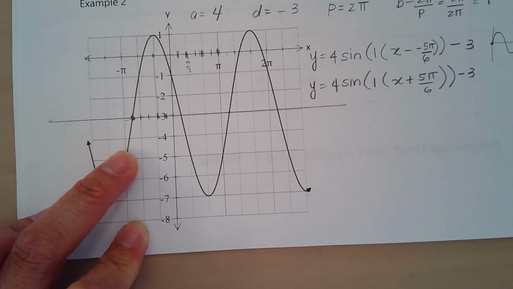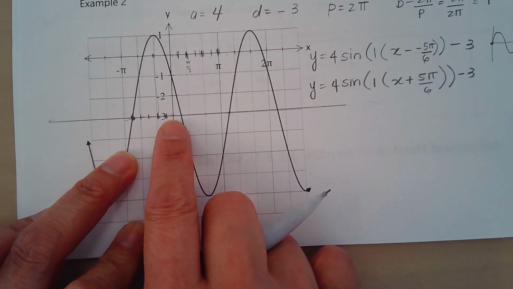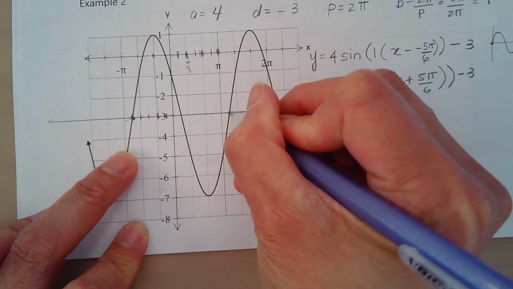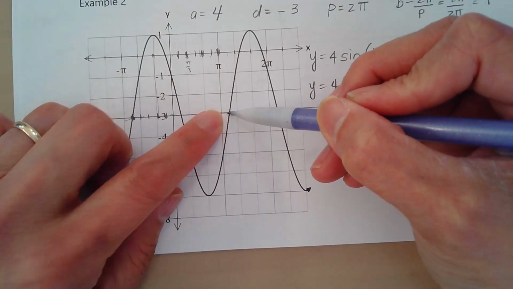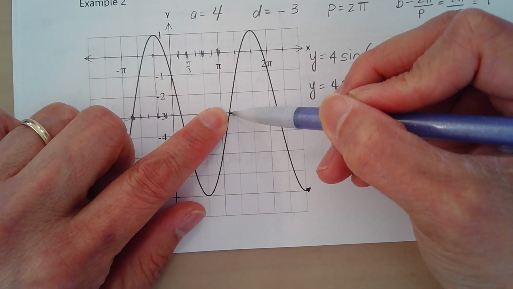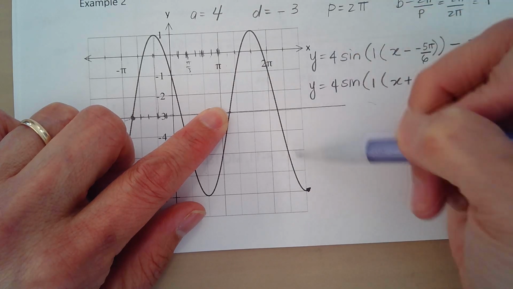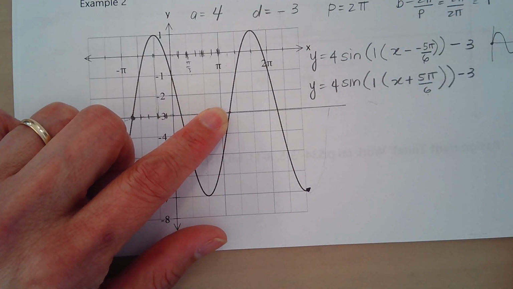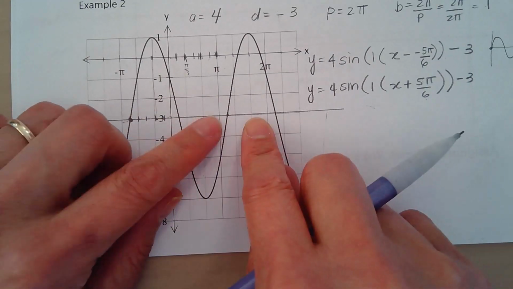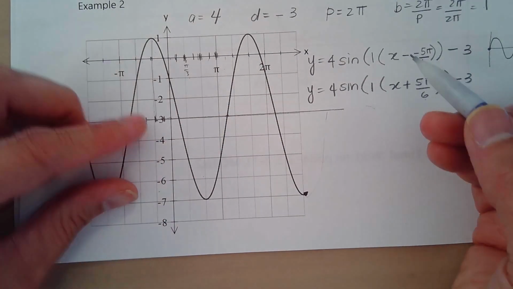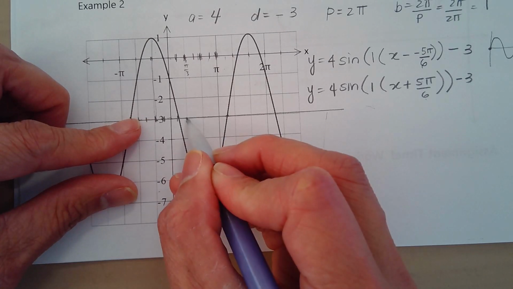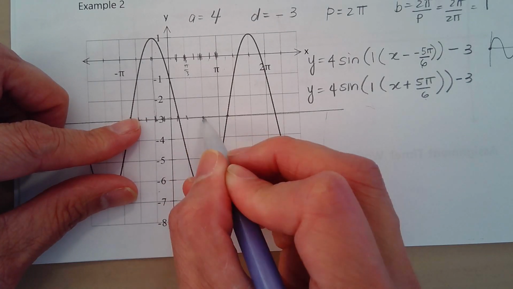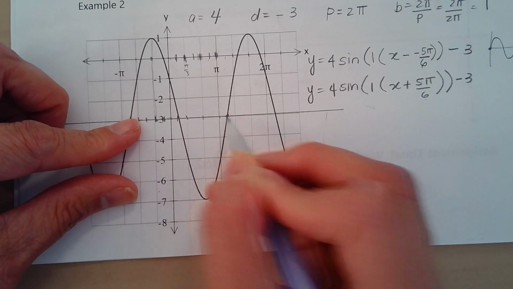For sine? Just the other way, this way, right? So this could be the start. Go this way. Is that a possibility? Yeah, so we can say it's shifted to the right by how much?